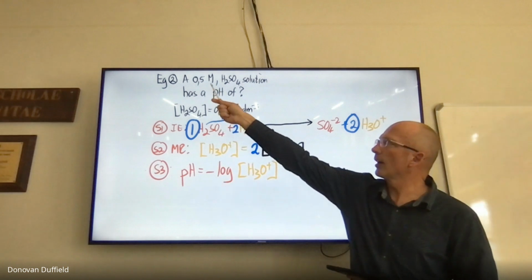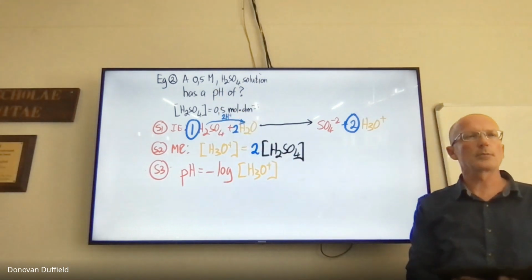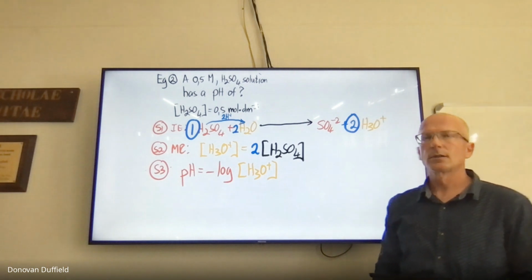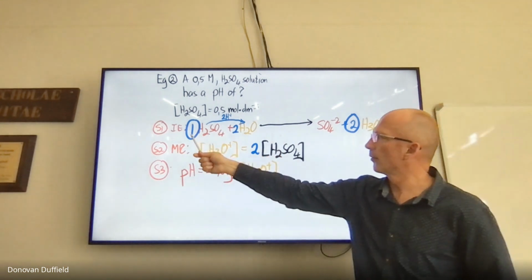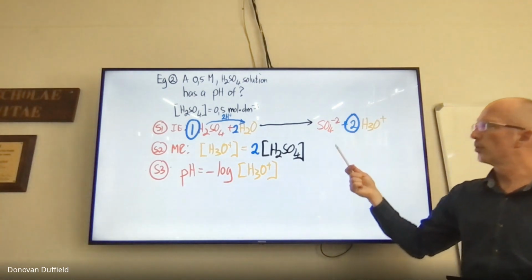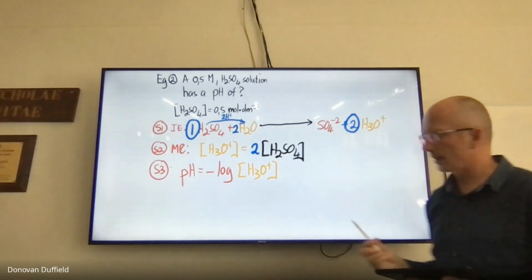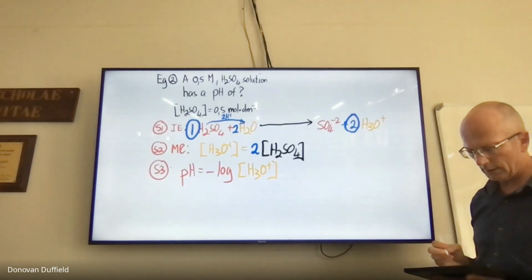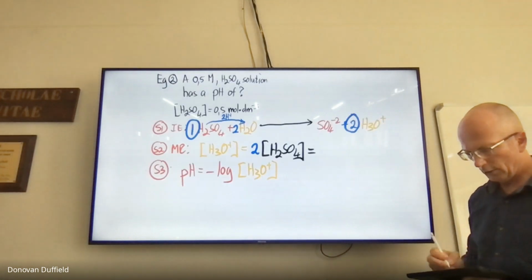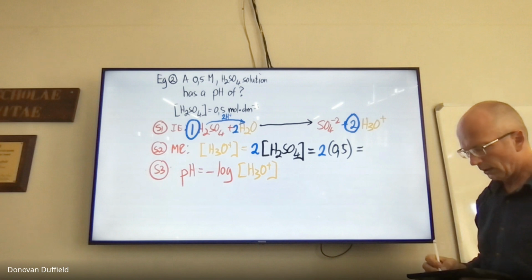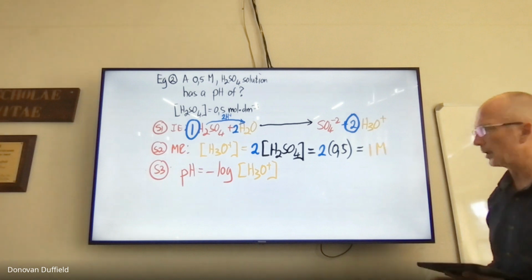If 0.5 moles per cubic decimeter solution of H2SO4 ionizes, every 1 mole of H2SO4 is going to produce 2 moles of H3O plus. So this is going to be 2 times 0.5, which is going to give us 1 mole per cubic decimeter.